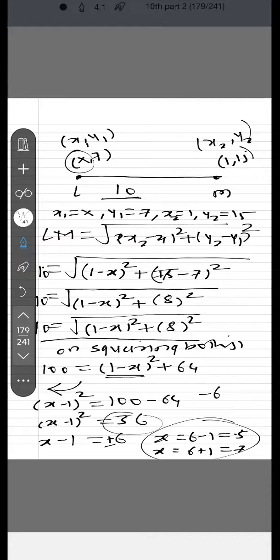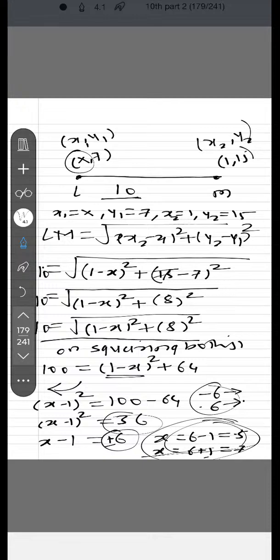Because minus 6 has the square 36 and positive 6 also has the square 36, so I must write both forms. By simple simplification we have got the answer, and that is how easy question number 7 is.